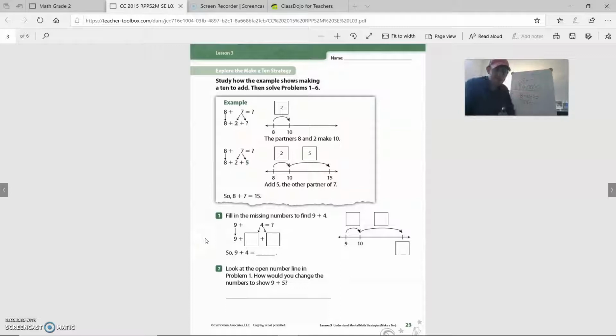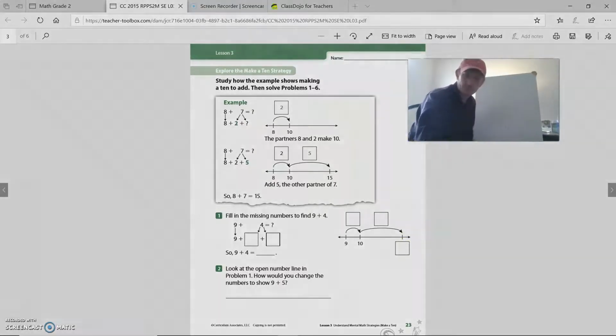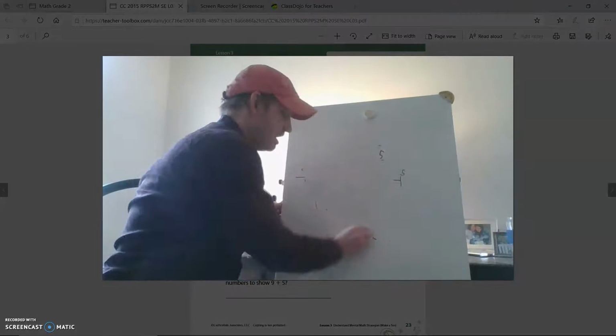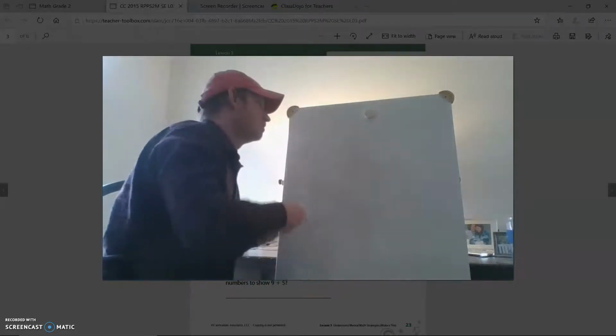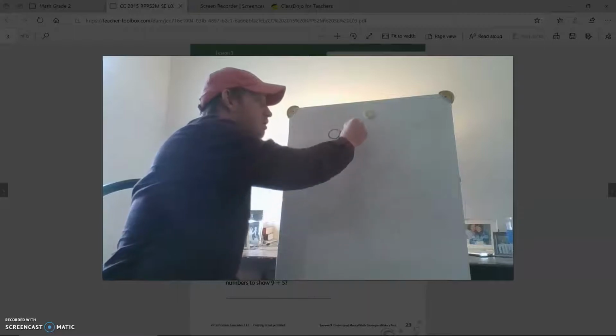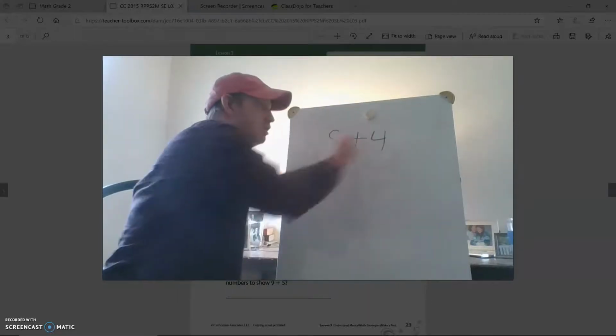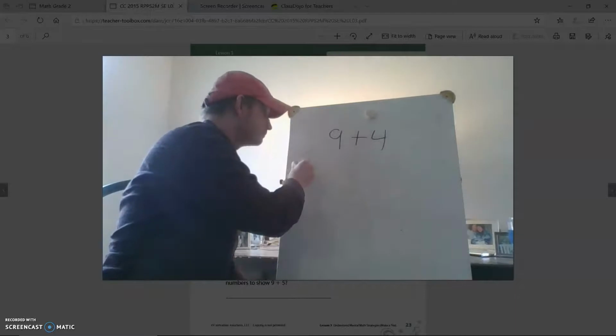First problem says, fill in the missing numbers to find 9 plus 4, and it gives us a number line to work with. So, our question is asking, what is 9 plus 4? Well, let's draw a number line.